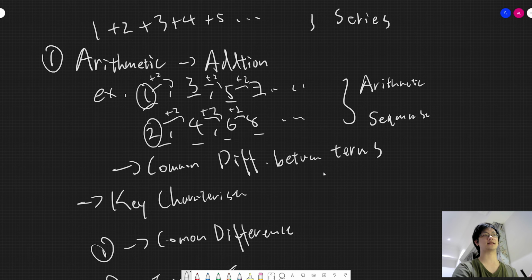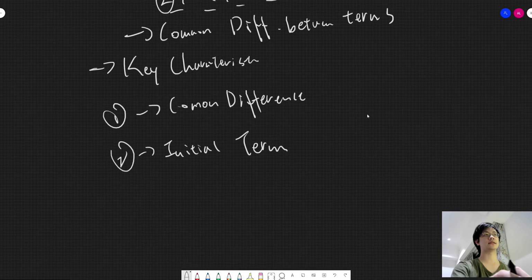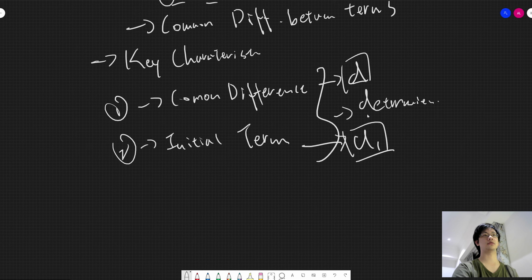This one starts at 1, that one starts at 2. So these two things determine what an arithmetic sequence looks like: the common difference and the initial term. This is commonly denoted as d for difference, and u1 referring to the first term.